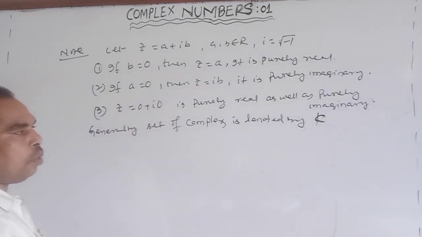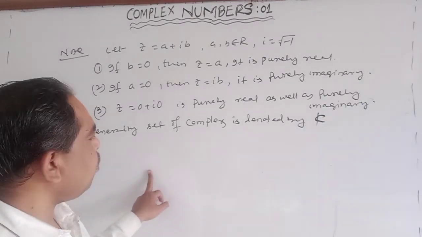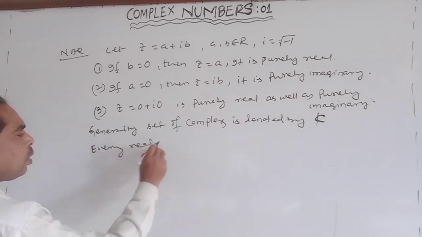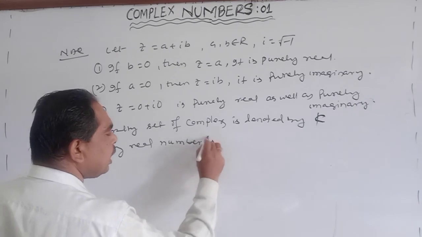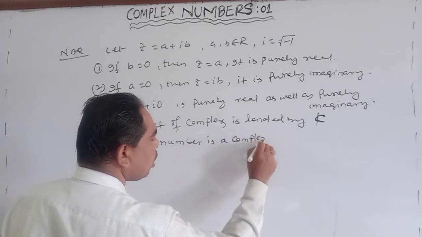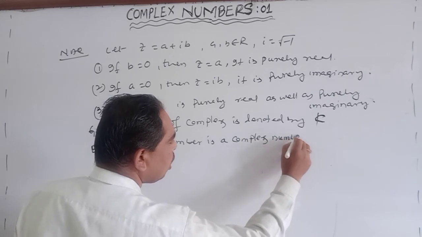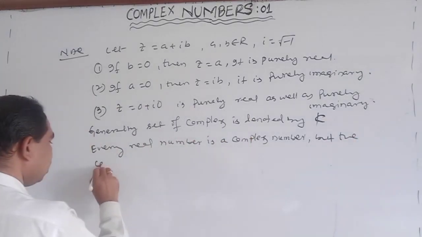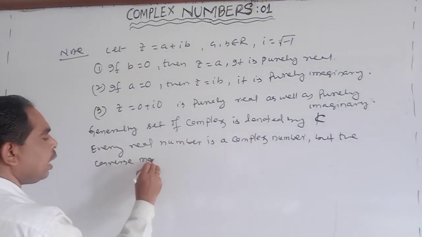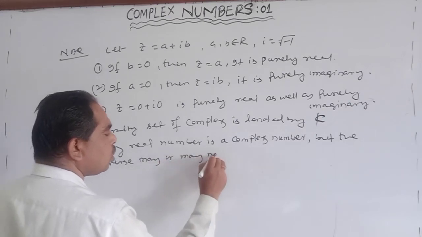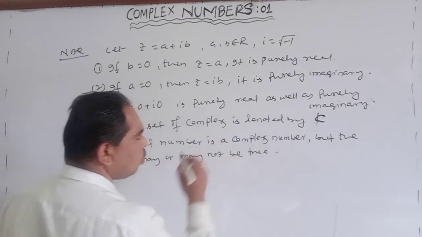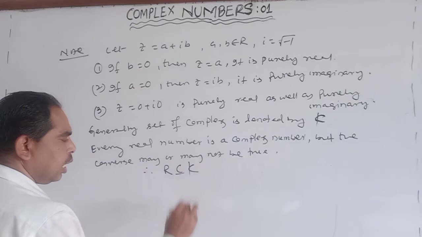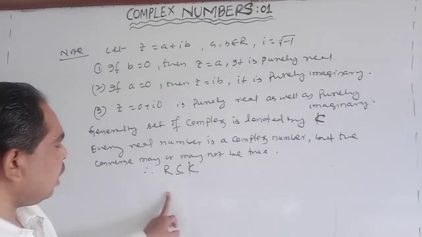So every real number is a complex number, but the converse may or may not be true. Therefore, R is a subset of the set of complex numbers C.